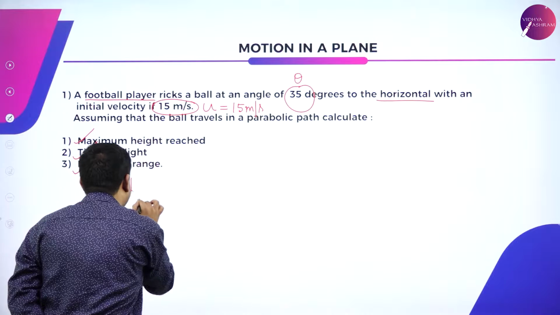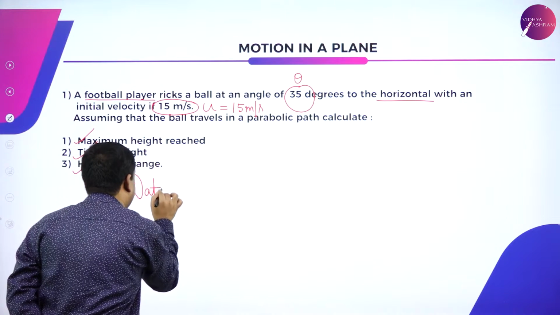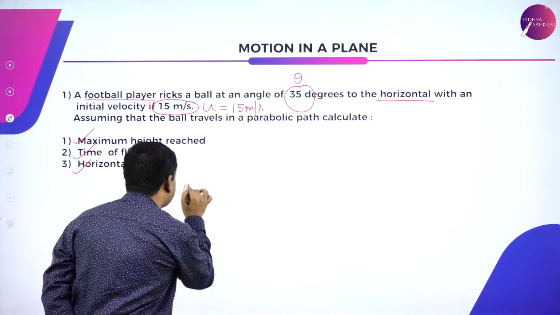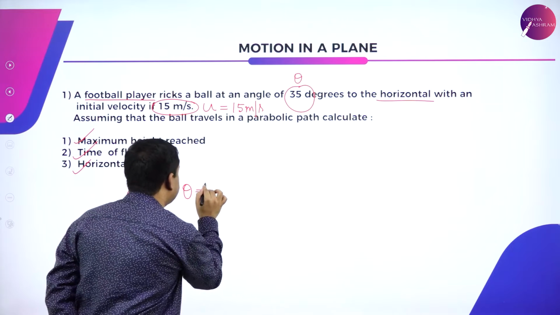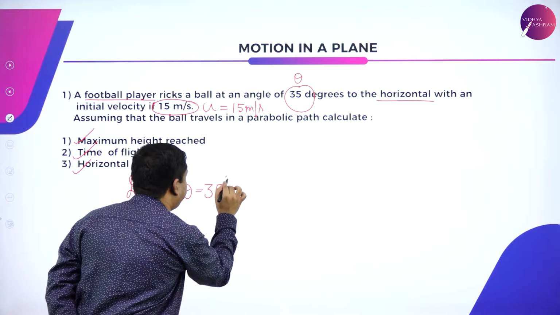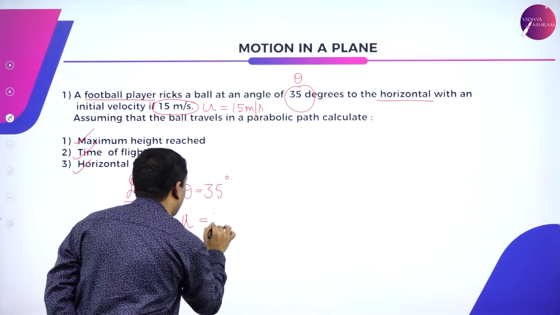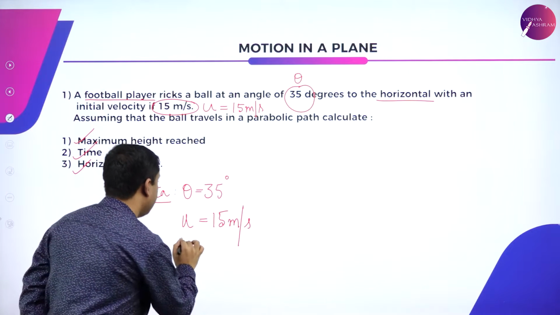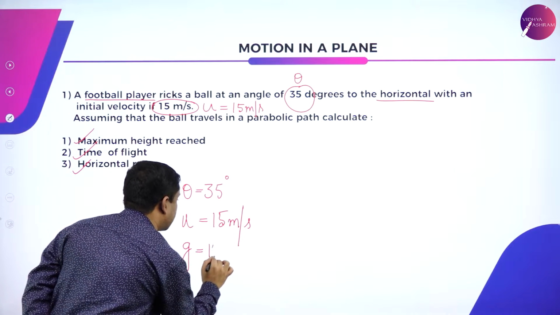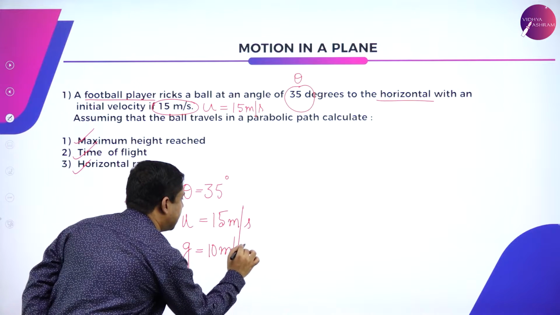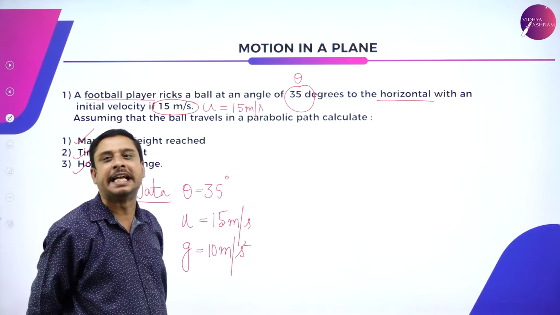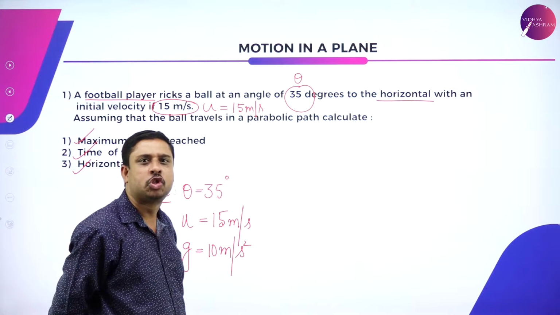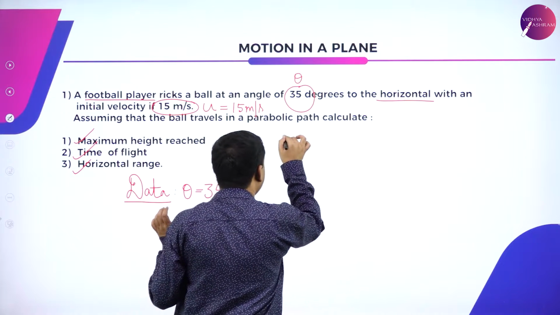So the first thing that we do is to collect the data. The first one, theta, which is 35 degrees, u is 15 meter per second, and for all simple calculations, g is 10 meter per second square, the constant acceleration due to gravity.